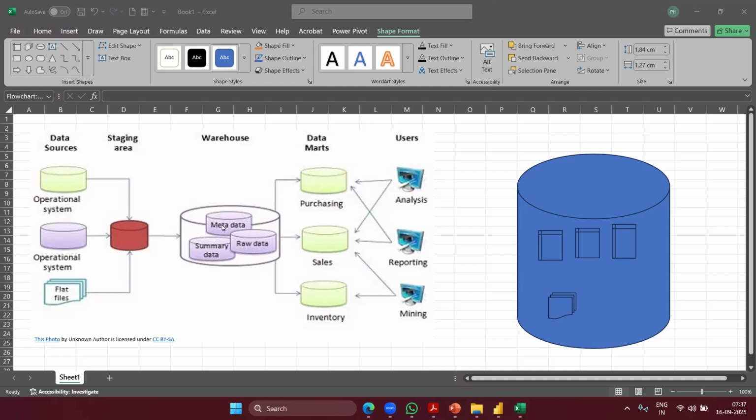So in a data warehouse, we are maintaining the history, the summarized data, and also the metadata, which captures information stating that I'm storing raw data for 10 years or 15 years, and I am maintaining the summary data at a particular day level, month level, or country level, all these things.